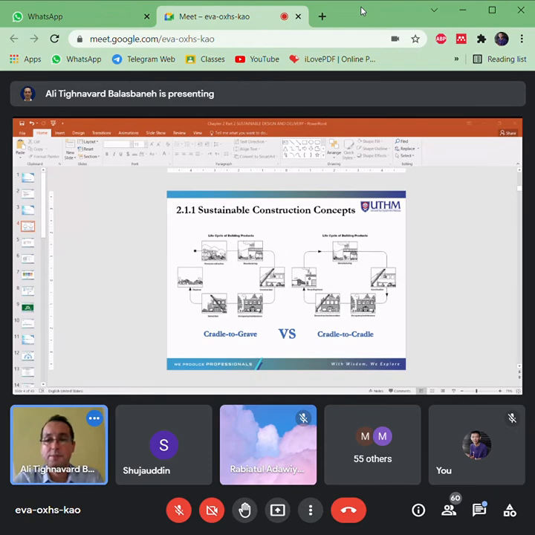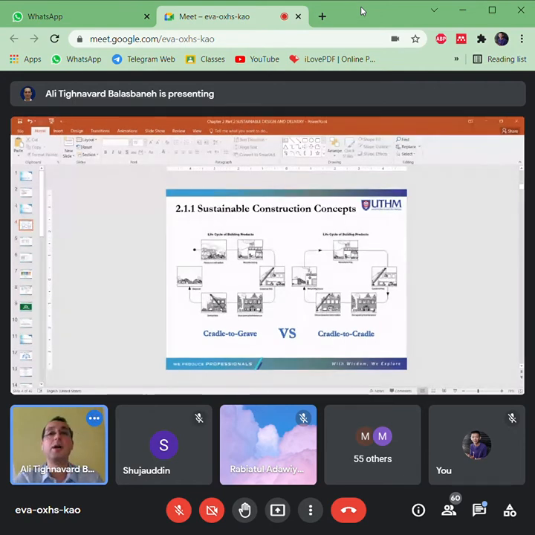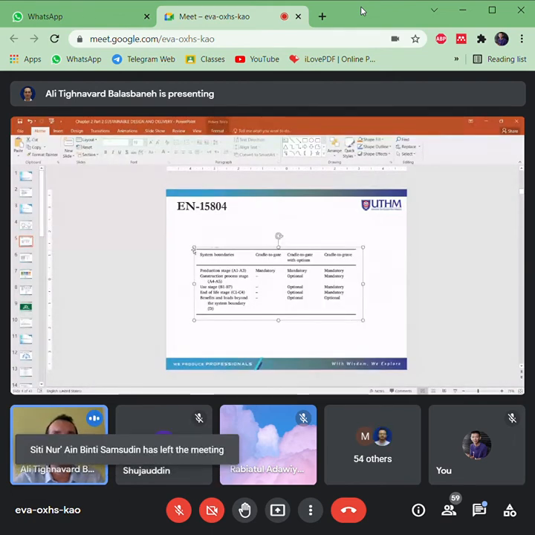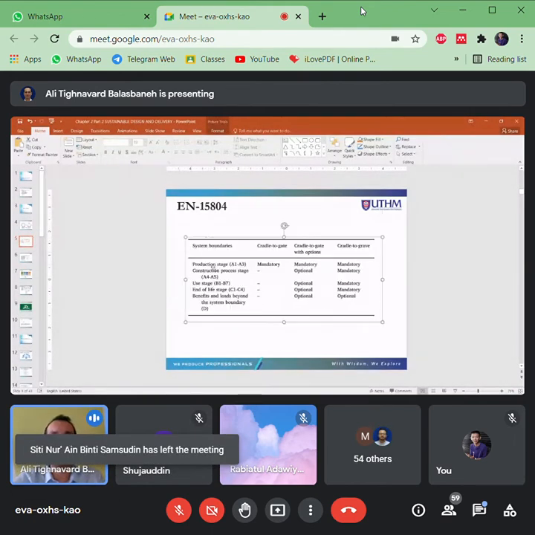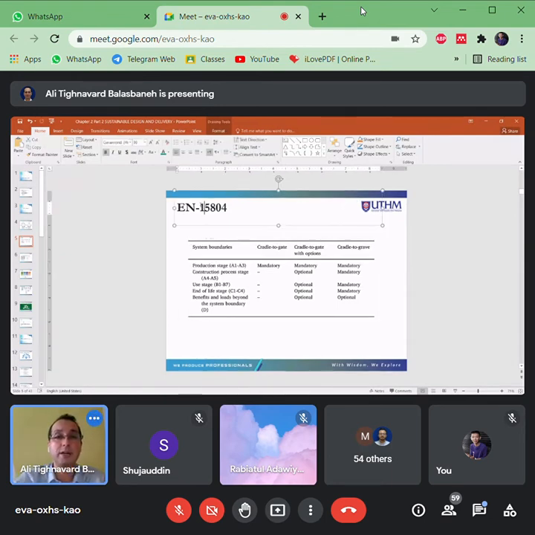Okay, so how do we know whether we are correct or not? First of all, system boundary. Every single step of the construction has been defined by a standard. We call it EN 15804.